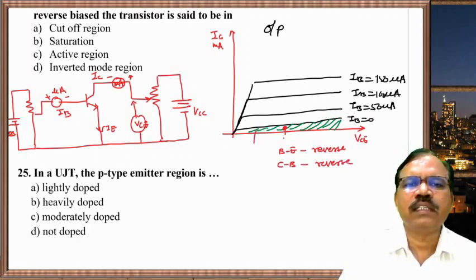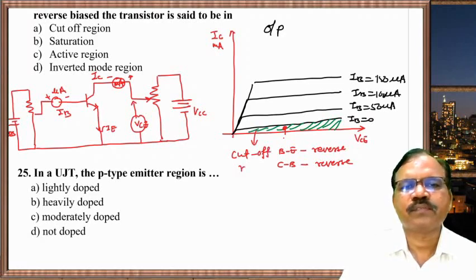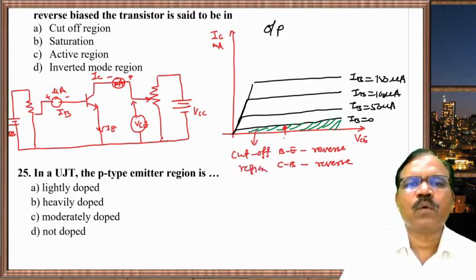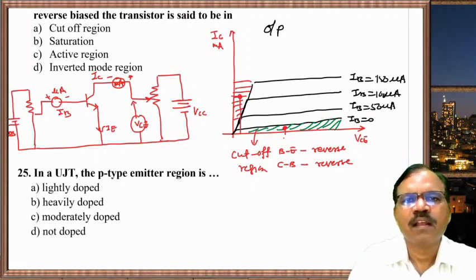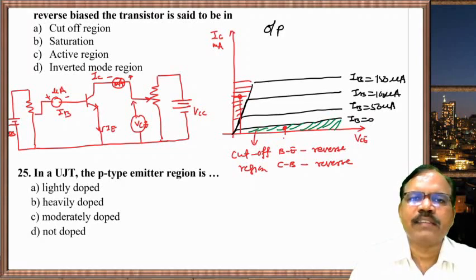So this region is called the cutoff region. Now we have this region. You can take any point here, but you will not get that current IC for this VCE. So this region is called the saturation region.